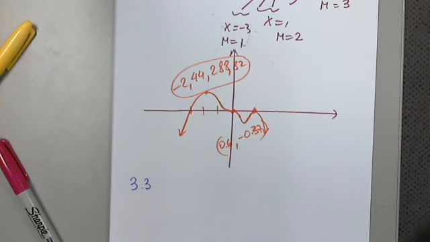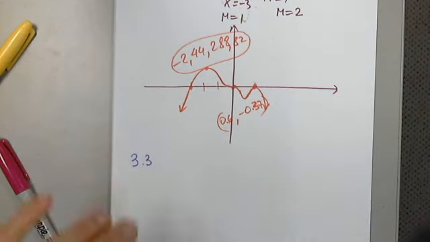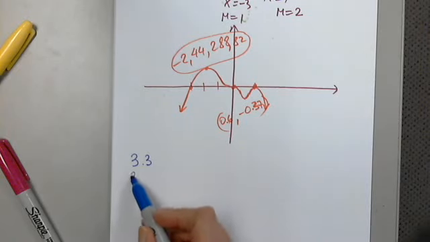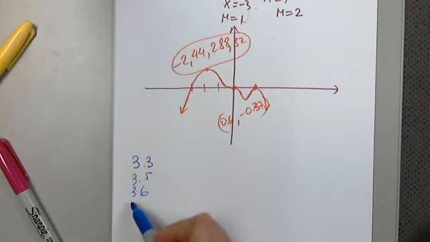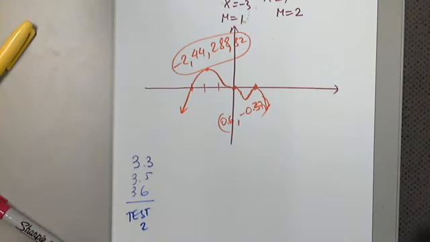Is that okay? Okay. So what is the plan for test 2? So 3.3, 3.5, and 3.6. And then we will schedule test 2. Okay, so at the end of these 3 sections. If possible, I would like to have, we'll see if we can, maybe not, test 3 before Thanksgiving so we can review after, but it may not happen.